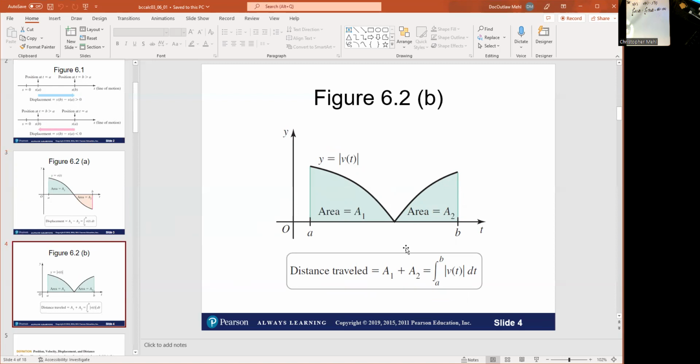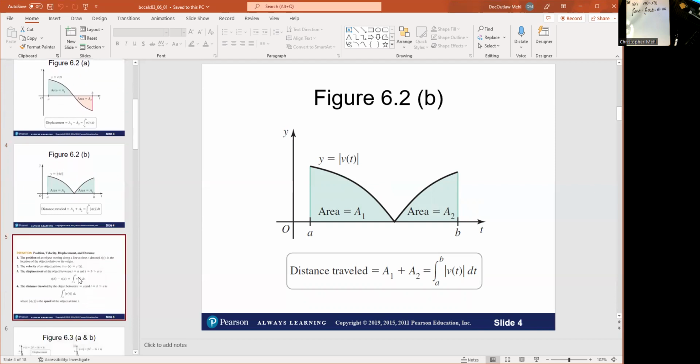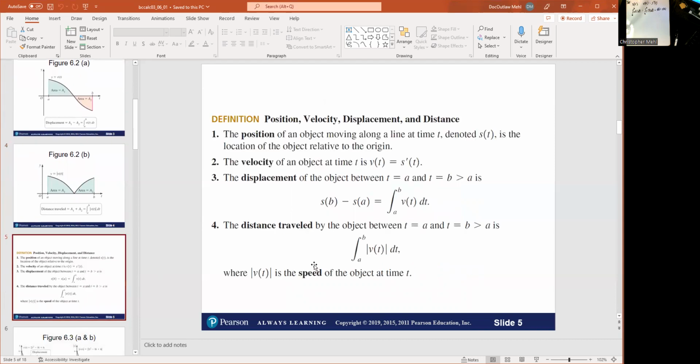And so the distance traveled would not be A1 minus A2. You would be looking at the absolute value of the velocity, the speed function. And that would be the integral from a to b of the absolute value of v of t dt. And so let's roll all of these together in some definitions for position, velocity, displacement, and distance.